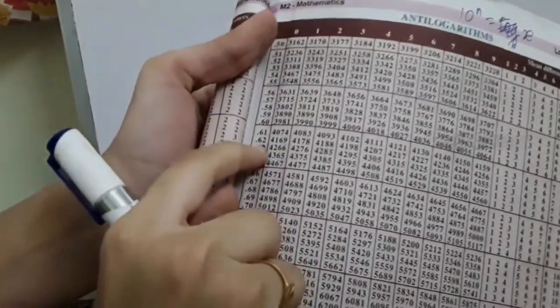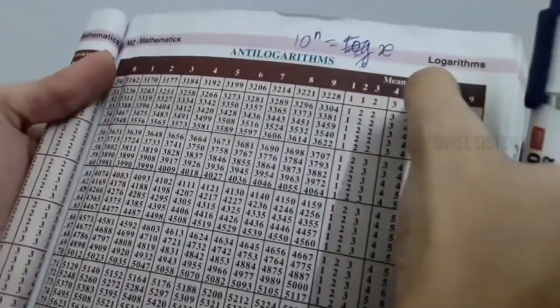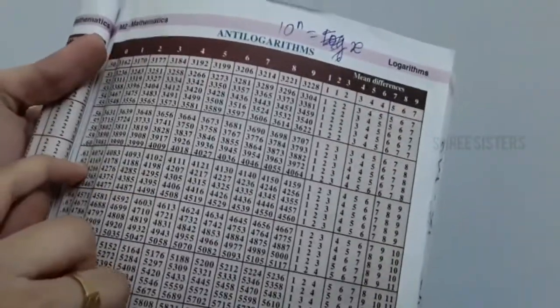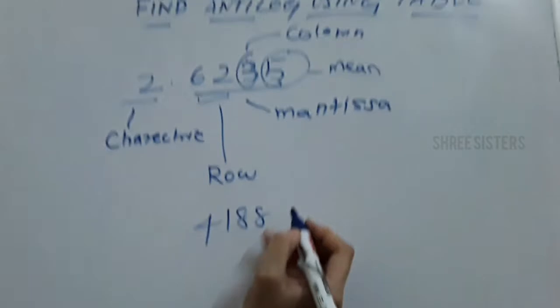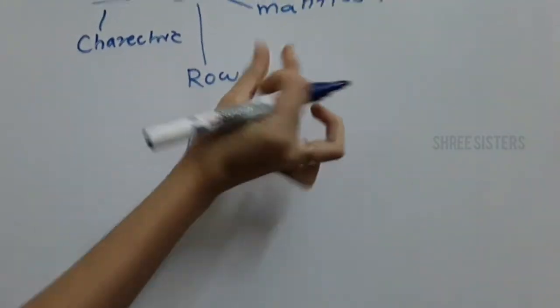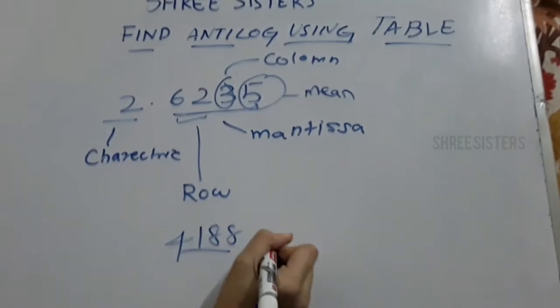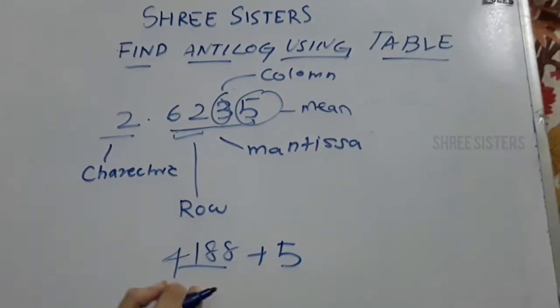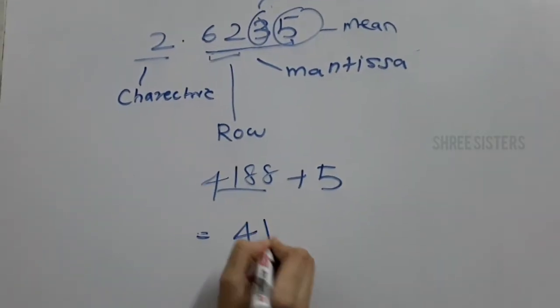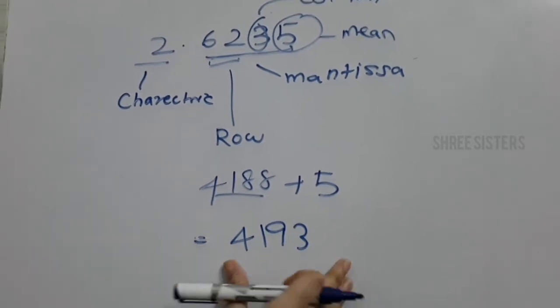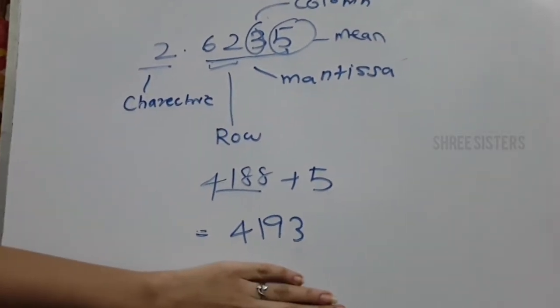The row will be the same 62 row and the mean difference column should be 5. So for the 62 row and mean difference column 5, we will get 5 as the answer. So we should add that value to this one. To 4188 we will be adding 5, so 4188 plus 5, we will get the answer as 4193. This is the answer we need.